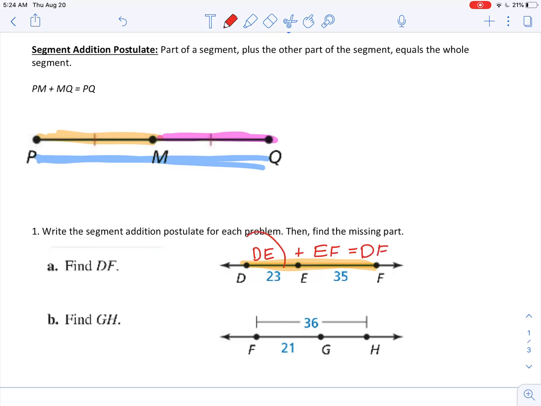And then what is DE? Well, DE is 23, plus EF is 35, is going to get me DF, the whole thing. So my final answer will be 58.